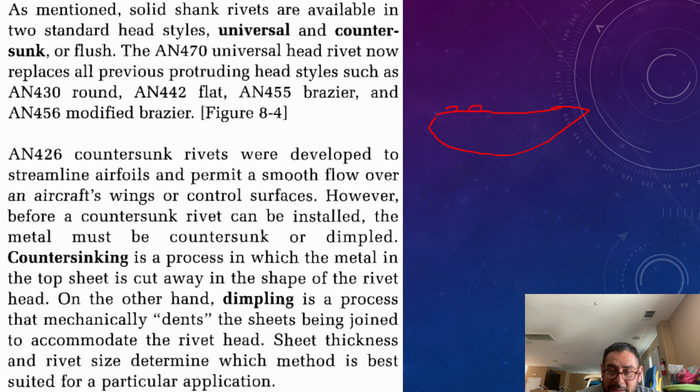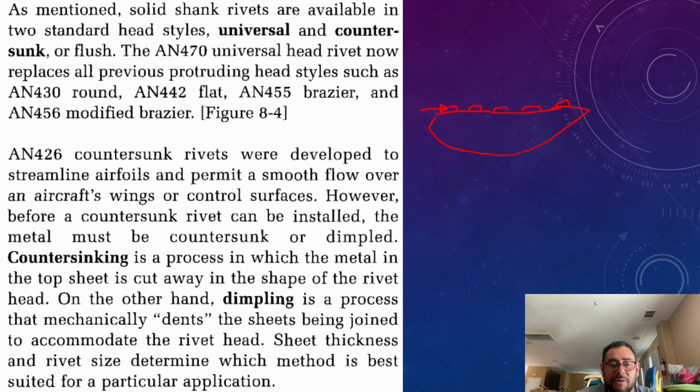Let's just say that your hardware is sticking out big time, right? As airflow goes through here, you are creating something called parasitic drag. That parasitic drag distorts the airflow, so the characteristic of flight. So you are defeating the purpose of flight if you have parasitic drag.